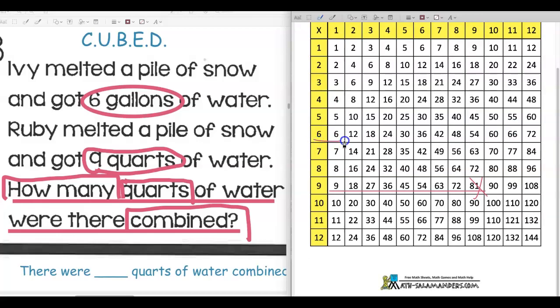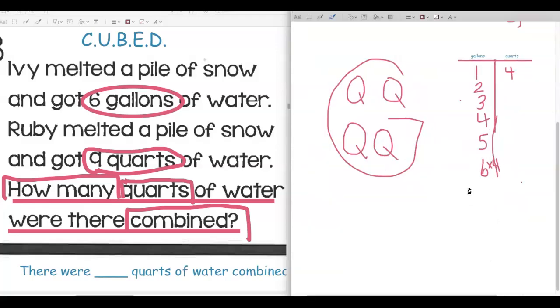So here's 6, and I go up and I find the 4, and where they meet, 24, that's my answer. So 6 times 4 equals 24. In 6 gallons, there will be 24 quarts.